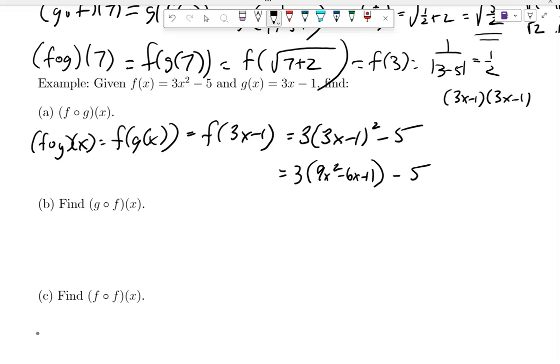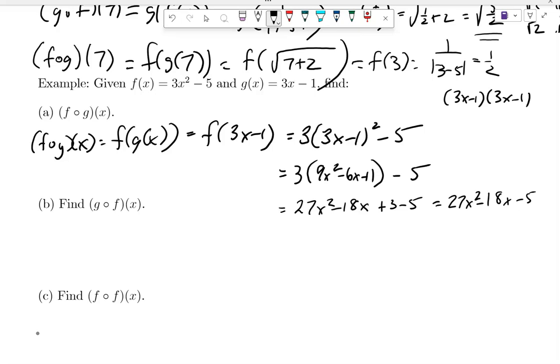We got to do the distributions, right? Then we can distribute the 3. And finally, we can combine those constants on the end. And so you should get 27x squared minus 18x minus 5. Look familiar from last time?